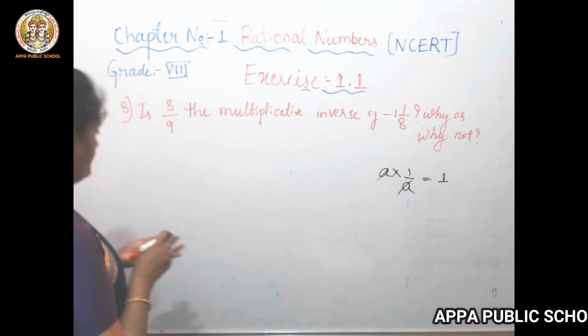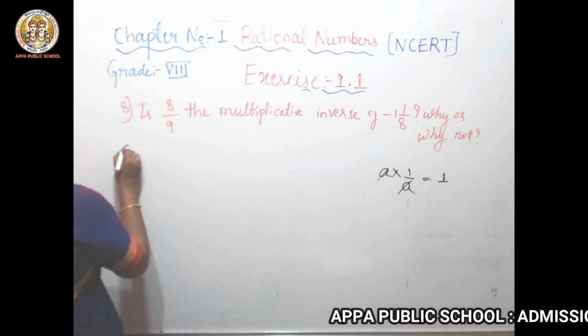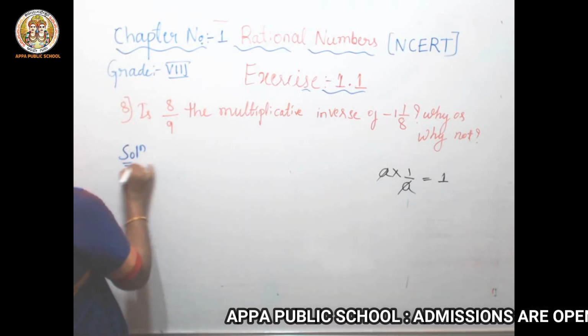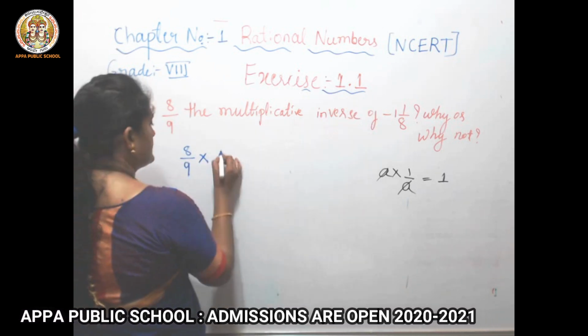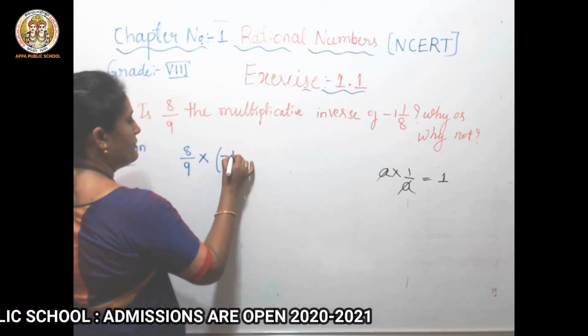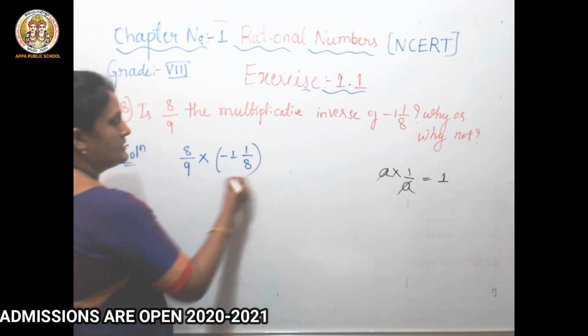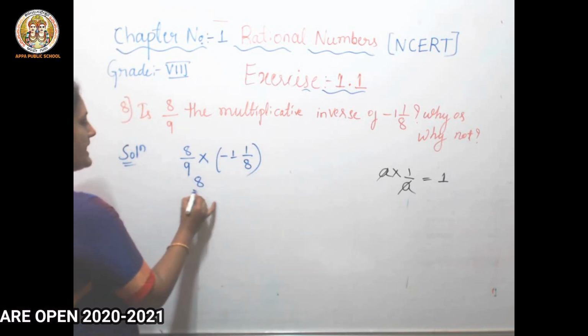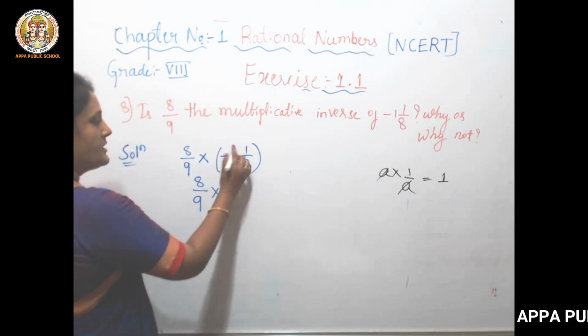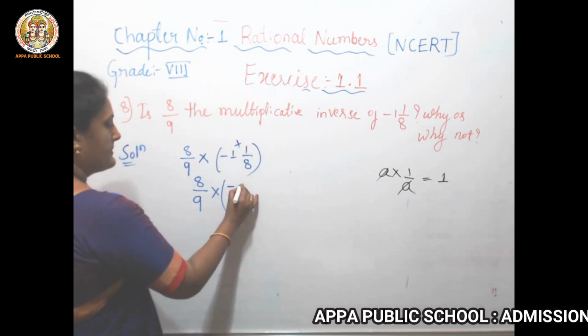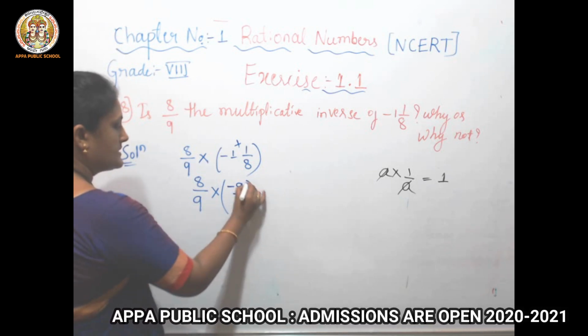Let's check. 8 by 9 into, they are telling this is the multiplicative inverse of that one, so we'll write that also. So 8 by 9 as it is into 8 ones are 8 plus 1, this minus 9 by 8, isn't it?